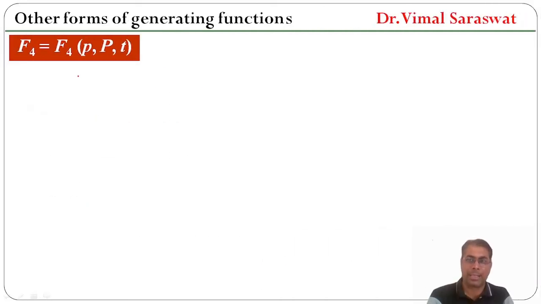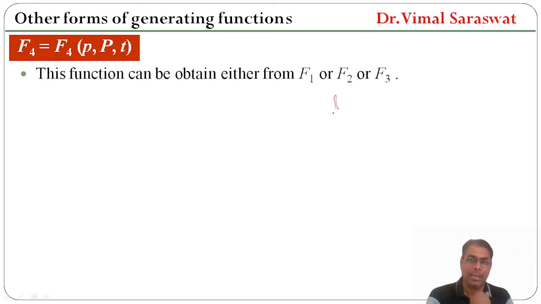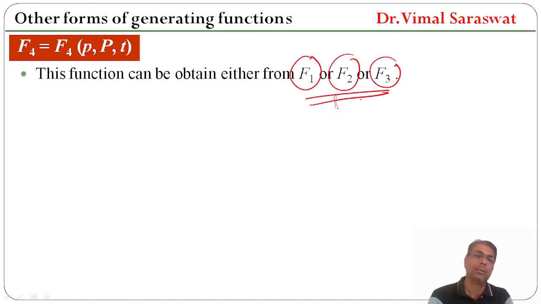Next generating function is F4, and F4 is a function of old momenta, new momenta and time. This function can be obtained either from F1 or F2 or F3. So we can obtain the value of F4 from any of the generating functions F1, F2 or F3.